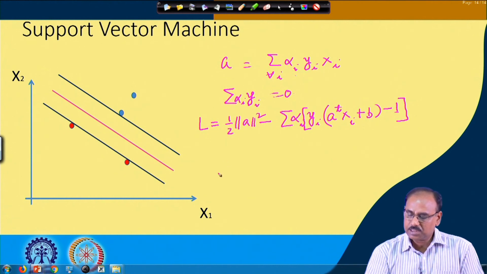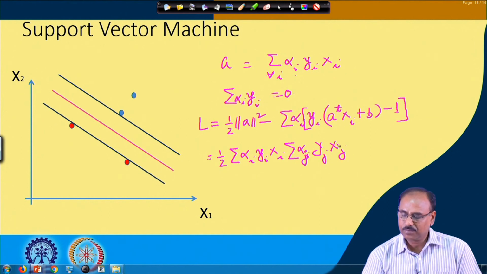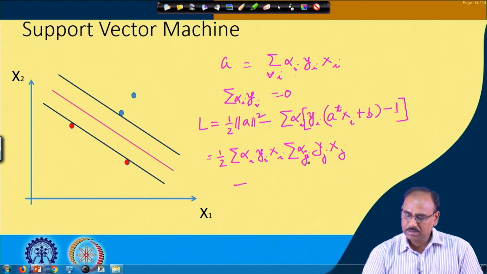And over here, A is nothing but sum of alpha I, yi, xi. So, putting that in this expression, it simply becomes half of sum of alpha I, yi, xi into, I can write the other one as sum of alpha j, yj, xj, minus what I have over here.